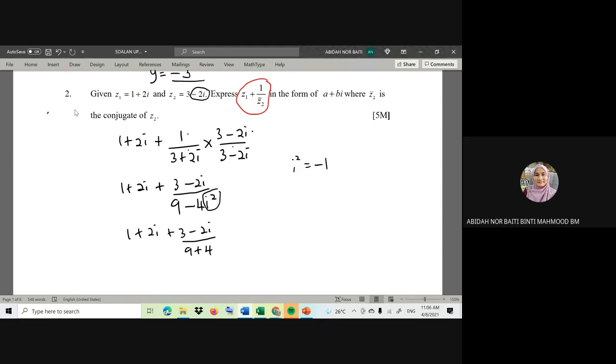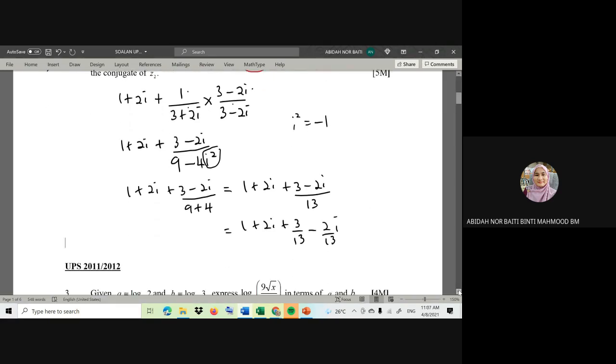Okay, 9 plus 4 equals to what? 13, right? Okay, 3 minus 2i over 13. And then we separate the denominator. Okay, and we rearrange in the form of complex numbers.